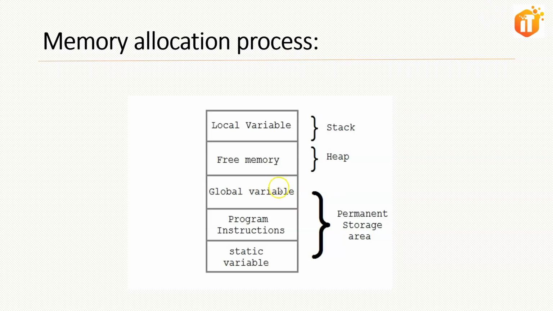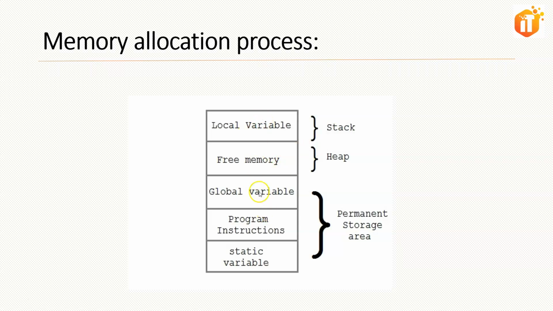Your global variables, program instructions, in the sense C = A + B, all these kinds of instructions, and static variables, will be allocated in the permanent storage area. Local variables inside main, if you are declaring int A, B, C like that, will get stored in the stack.